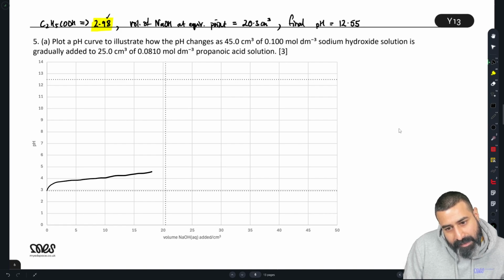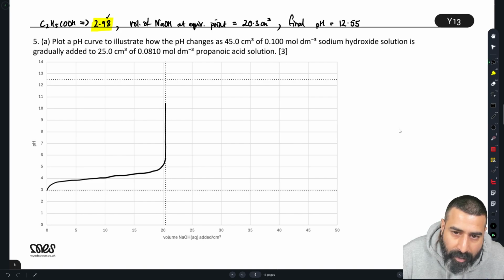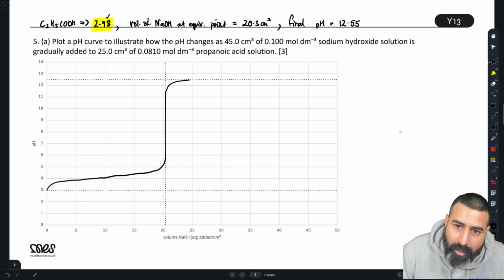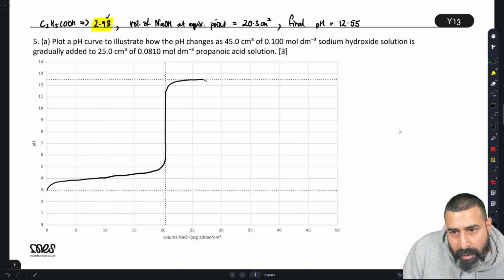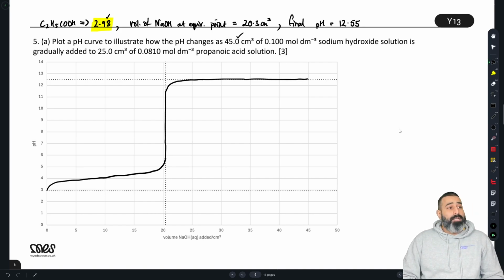It's near flat, but then it starts rising, okay, and then at the equivalence point, bang, we get a rapid change in the pH and it shoots up, and then levels off again past the equivalence point. And make sure this is up to 45 centimeters cubed of sodium hydroxide. Okay, lovely. That looks pretty nice actually.